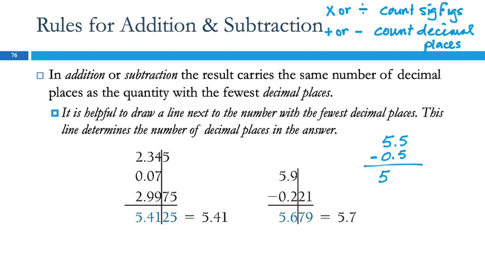But the answer is 5.0. Because both of these numbers had 1 decimal place, my answer needs to have 1 decimal place. Because this was an estimated digit and an estimated digit, and I need to keep an estimated digit. There's no uncertainty in that digit. 5 minus 0 is just 5. We need to keep an estimated digit.